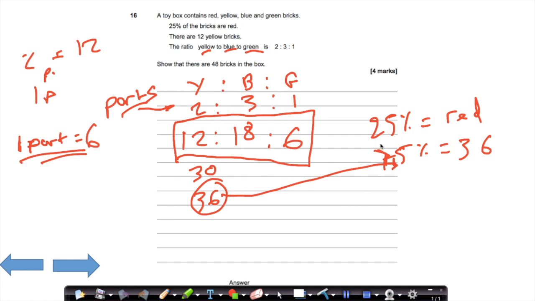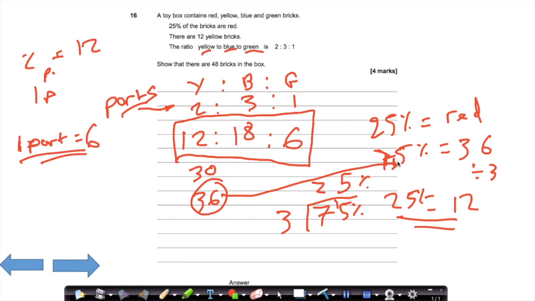Well, if we want to work out what 25% is, 75 divided by 3 gives us 25. So 25% is 75% divided by 3. Therefore, if we divide 36 by 3, 12 equals 25%. We divided 75% by 3 to show that that was 25%, and we've then done 36 divided by 3 to give us 12.